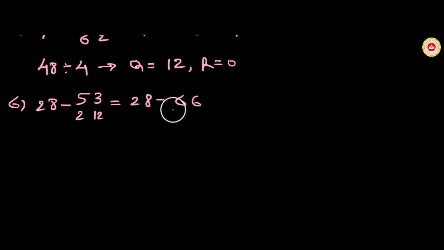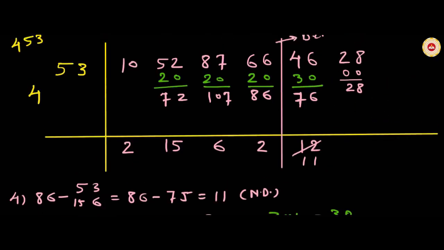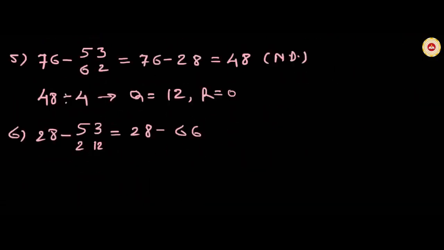But this will be a negative net dividend. So what to do? Let us reduce the last quotient by 1, write 11 here, and at the same time increase the remainder by 4. That means you write 40 here. Why 40? Because the remainder is 4, and multiplying by 10 makes it 40. So directly write 40 here, you get 68. Correct? Now this 68 is the new gross dividend.